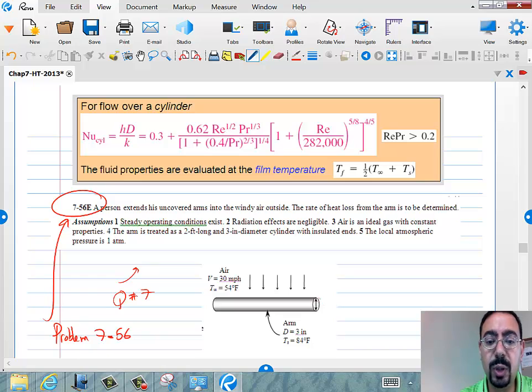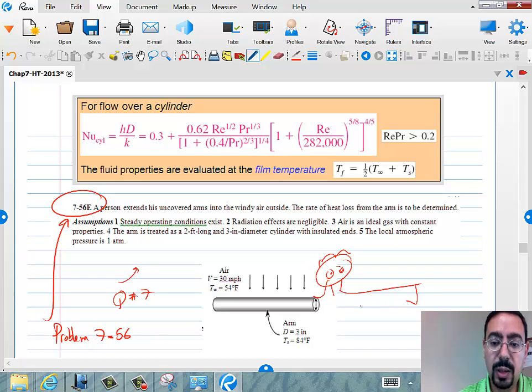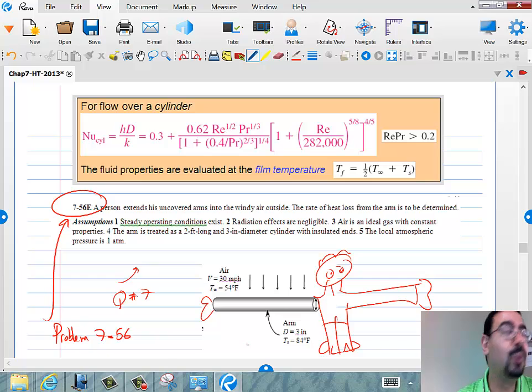So this is the arm of someone. And here's the other arm here. And so he would like to figure out how much Q is actually leaving his arm. All right, that's a flow over a cylinder. Here is a correlation for it. What do you think the Q would be?